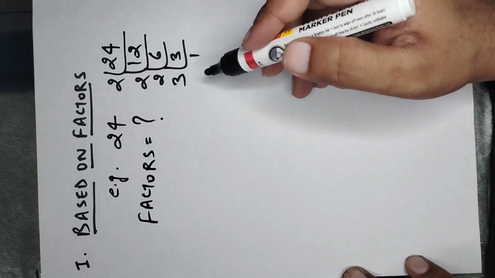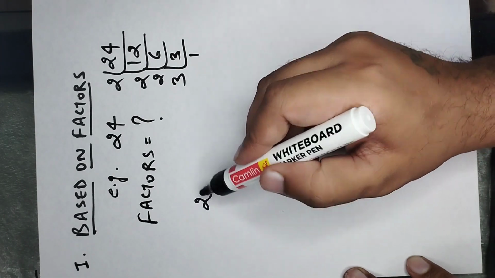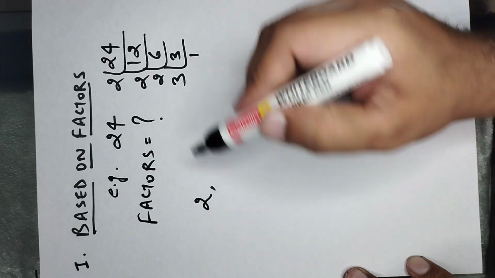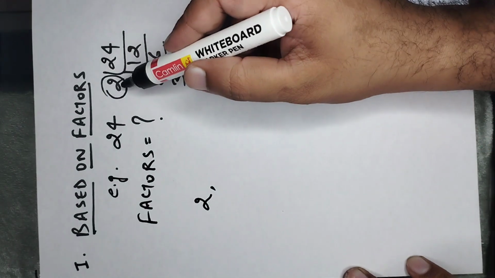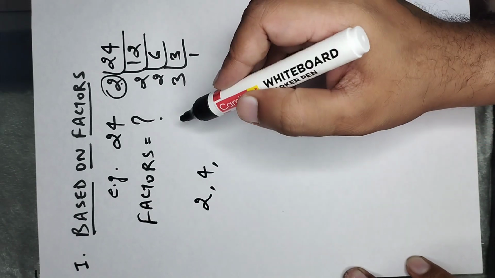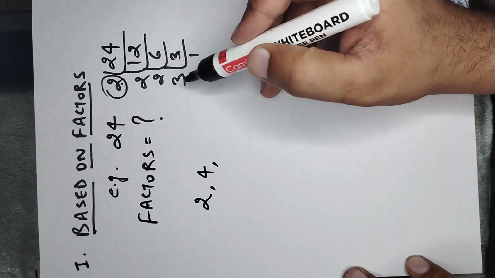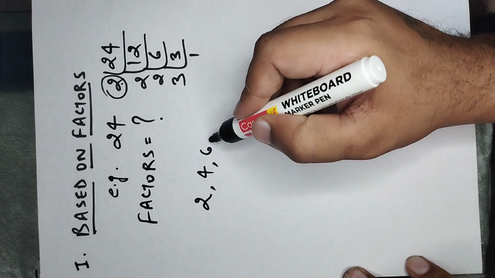Now the factors of 24 are 2. Another factor is, if I multiply this 2 with this 2, I get 4. Similarly, if I multiply this 2 with this 3, I get 6.